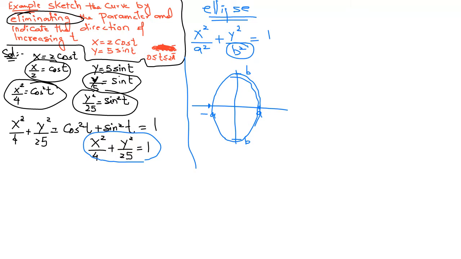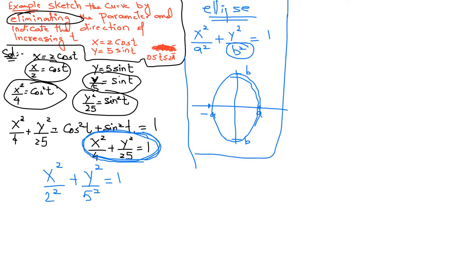So in this case what are the major and minor axes? 2 and minus 2, 5 and minus 5. Can I write this equation like this: x square divided by 2 square plus y square divided by 5 square is equal to 1.